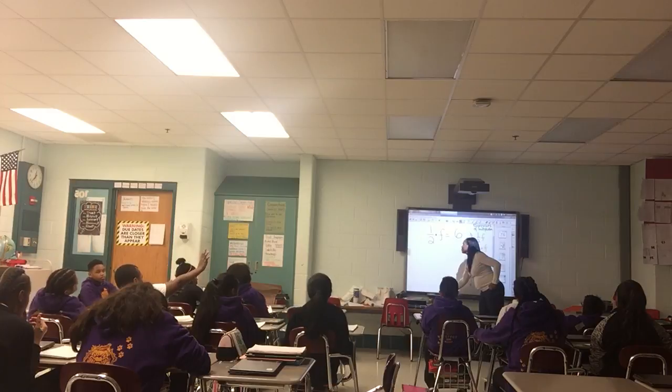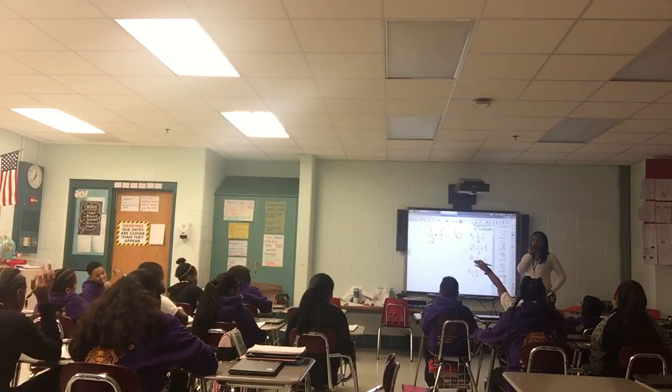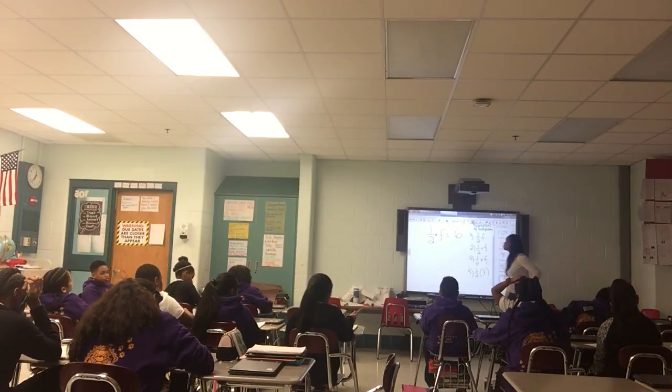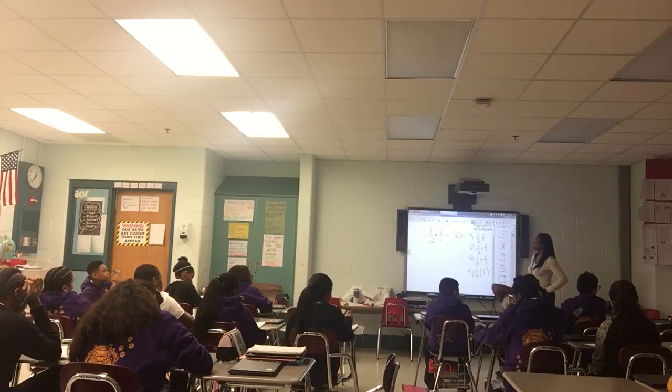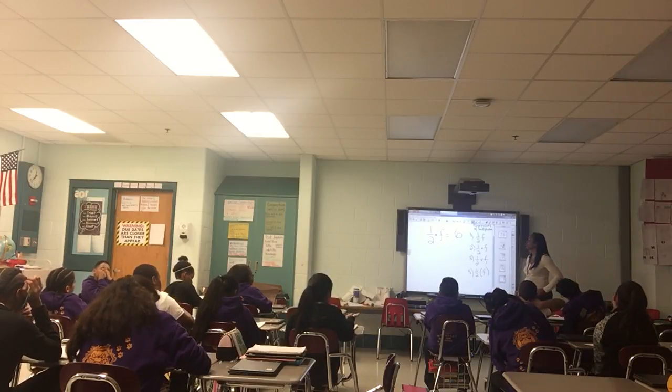Okay, which number do we have to eliminate to get the F by itself? We have to eliminate 1/2. And Tyreek, what's the operation in the problem? Multiplication. So what do I need to do, Charity, to get rid of the 1/2?